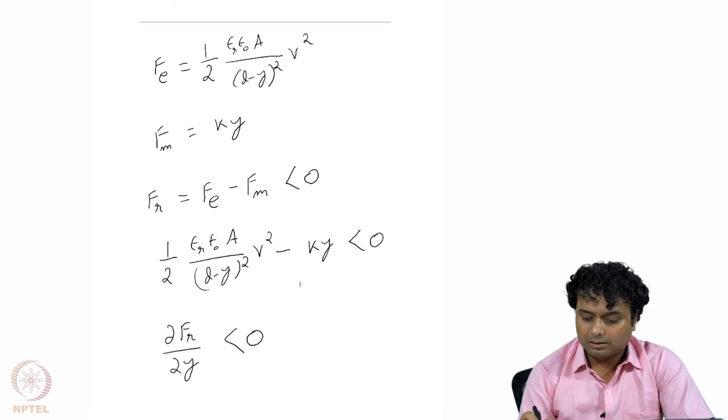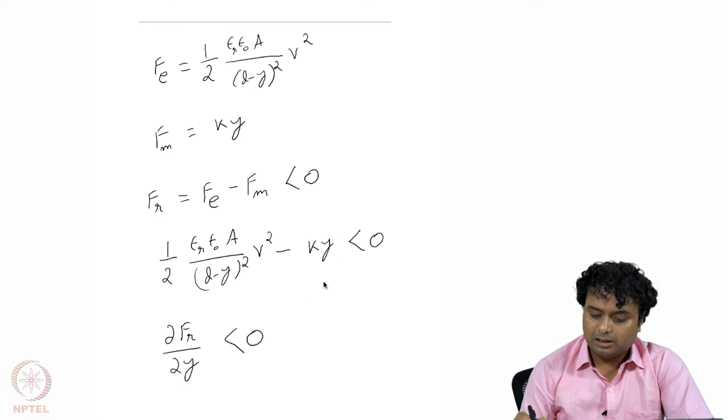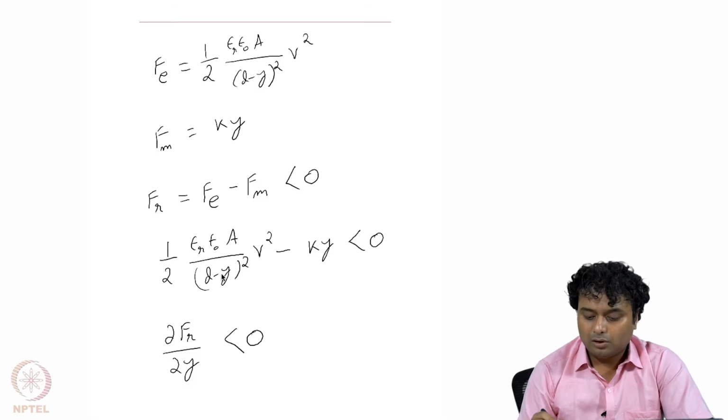This is the FR expression, and in this expression I am just doing the first derivative. For the d minus y whole square, this 2 comes, and I get d minus y whole cube below, and there is also a minus from the derivative, but there is also a minus y, so minus minus becomes plus. So ultimately I get epsilon r epsilon naught A divided by d minus y whole cube into V square from this term, and this is just k.